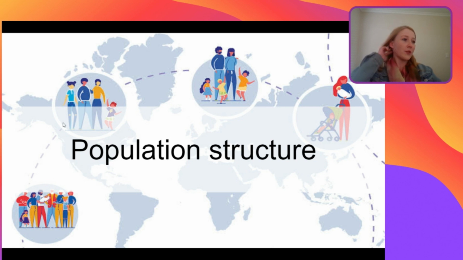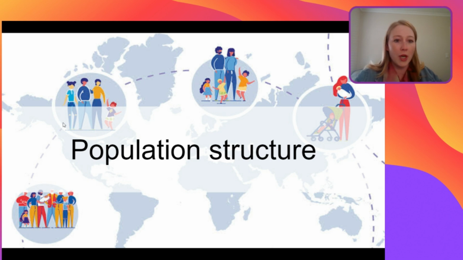Now, when we look at population structure, we're going to look at the very basic types of indicators, and then we can see if we can find some on Our World in Data, see if we can look at individual countries and case studies. For now, we're going to look specifically at indicators that change the total population count.